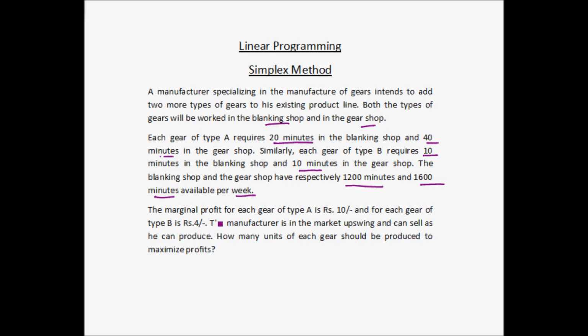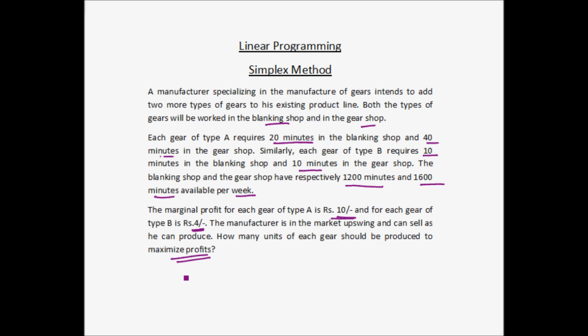Now the marginal profit for each gear of type A is ₹10, and for each gear of type B is ₹4. The manufacturer is in the market upswing and can sell as much as he can produce. How many units of each gear should be produced to maximize the profits?